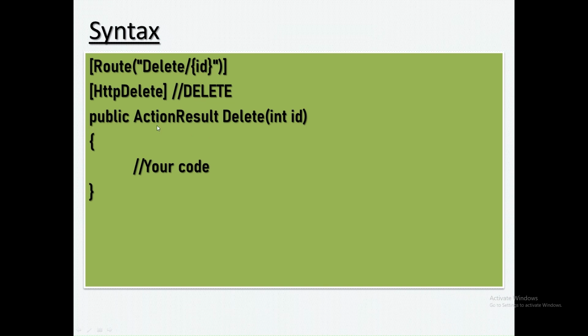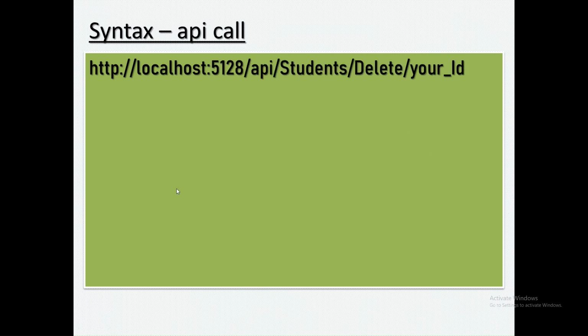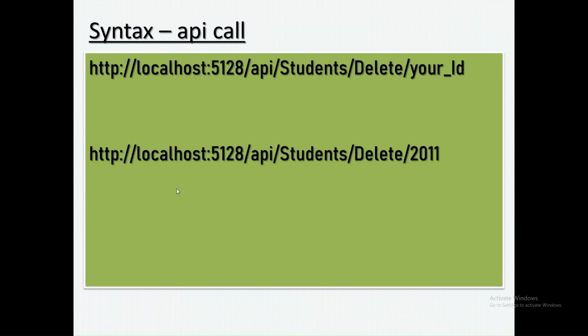Public action result delete is our action method syntax, and your code goes inside this. Then the API call which we are making is my localhost. If you have a server, that should be the server name, then api slash the controller name, the action name delete, and then your ID with a slash. This is the example that I am using here, 2011 is going to be my ID.